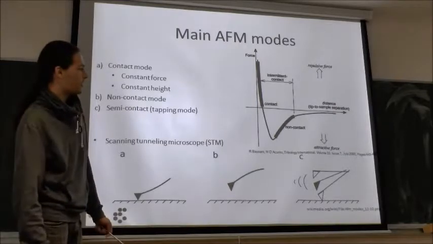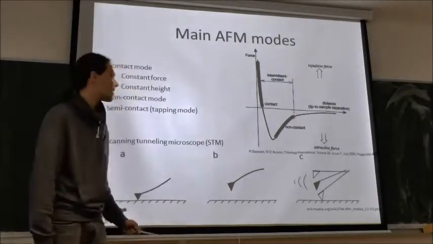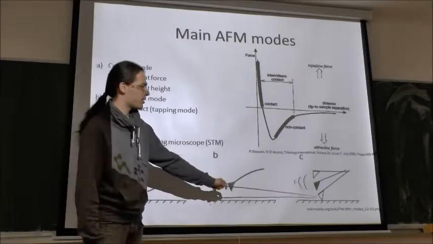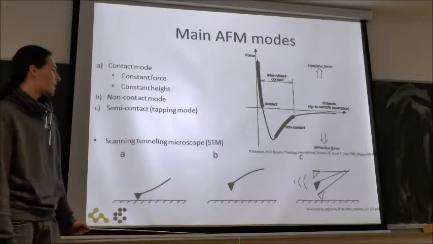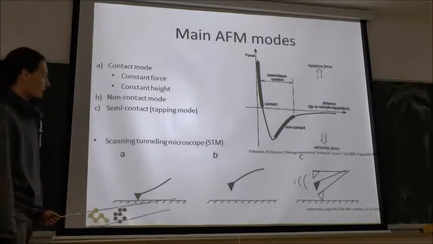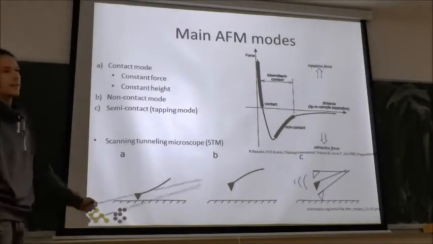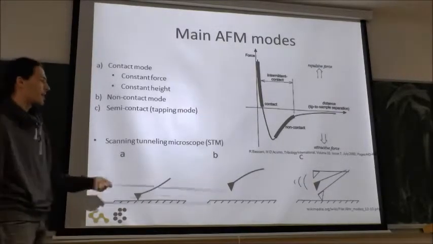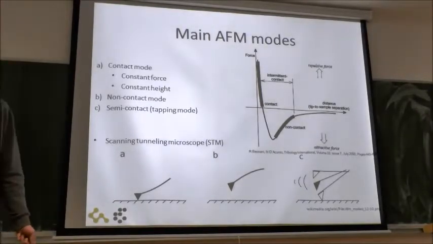And the third technique is when we're oscillating the tip and just touching the sample at points. Here, what I can mention is that in such a geometry we can also measure the scanning tunnel current. So actually we also have the STM in the AFM system.